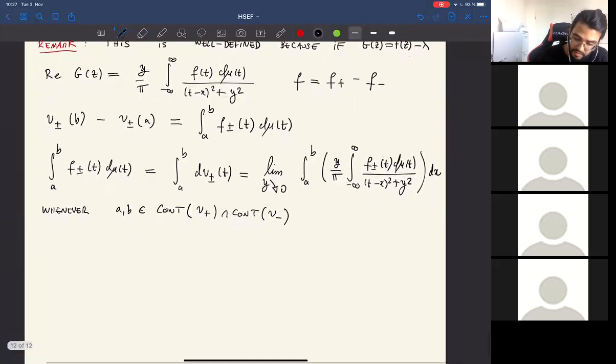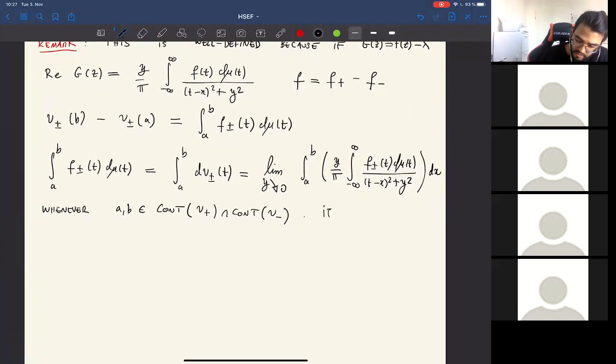So if we assume that G, say, which would be the case of f, is representable by another function, let's say f tilde, then what we know is that it has to be the case that the plus part and the negative parts are the same.